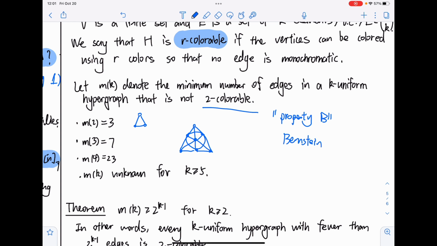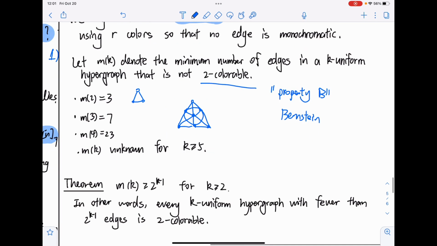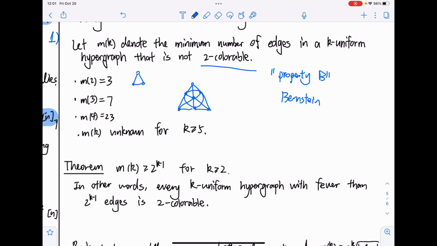You can check it by yourself through this graph. And m(4) is 23, proved by exhaustive computer search in 2014. The exact value of m(k) is unknown for k greater than or equal to 5.